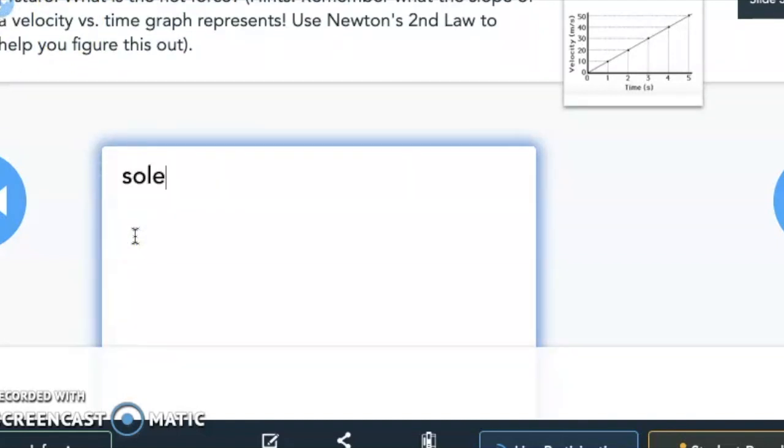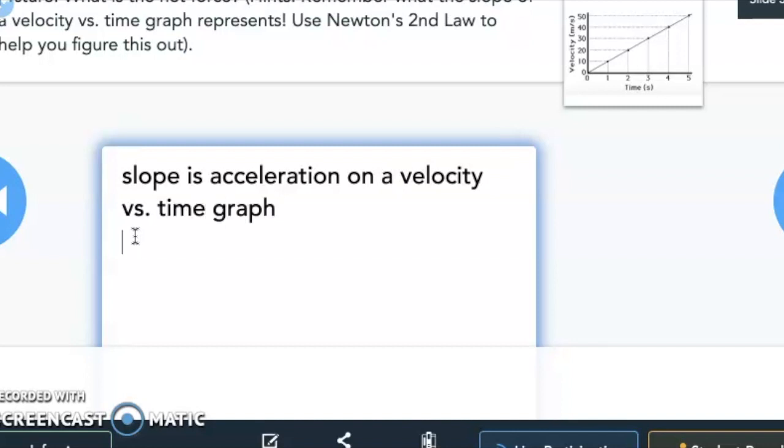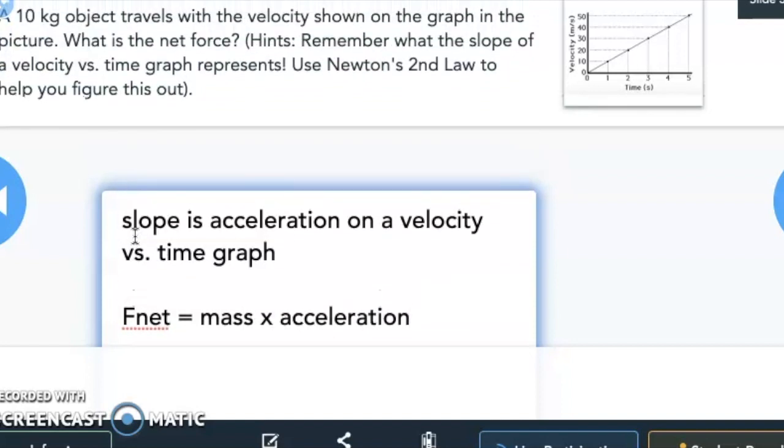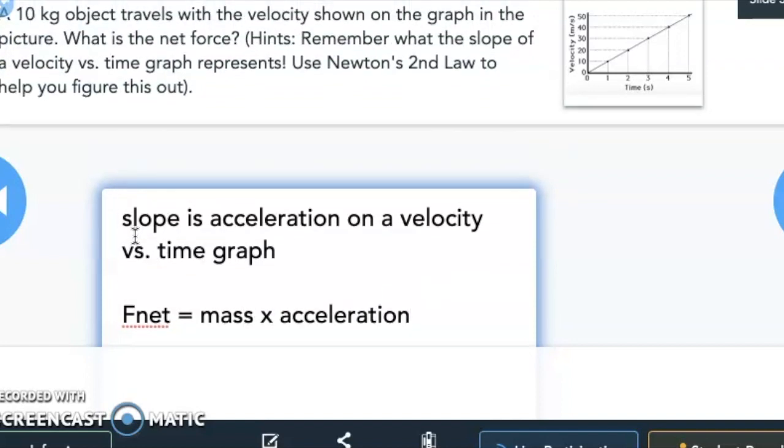So again, slope is acceleration on a velocity versus time graph is the first concept. And the second concept you'd use for this problem is the net force is equal to your mass times your acceleration. You should get a nice whole number answer for this question.